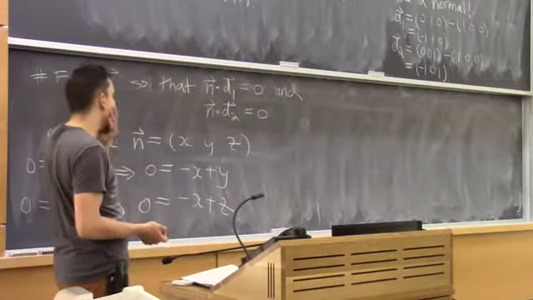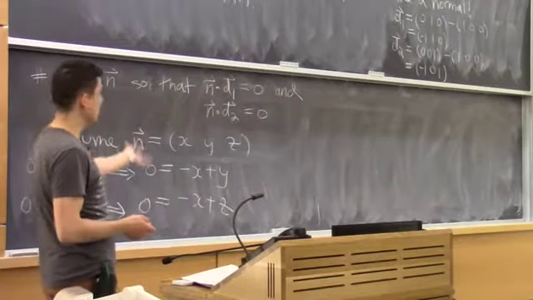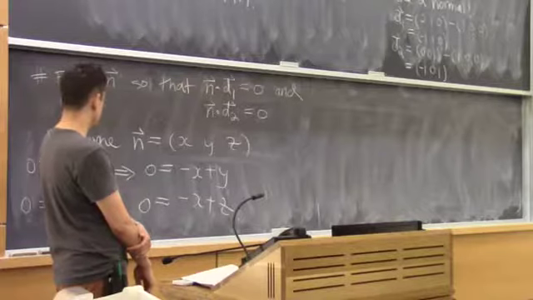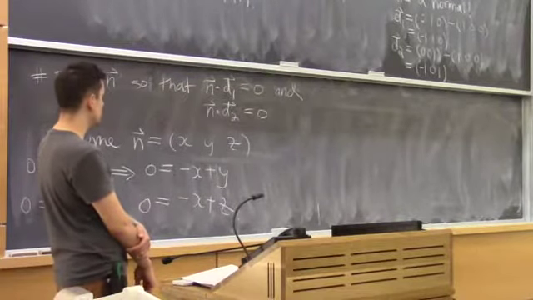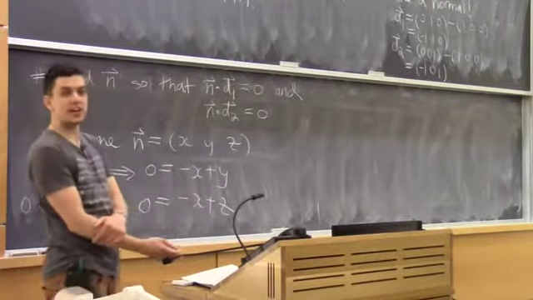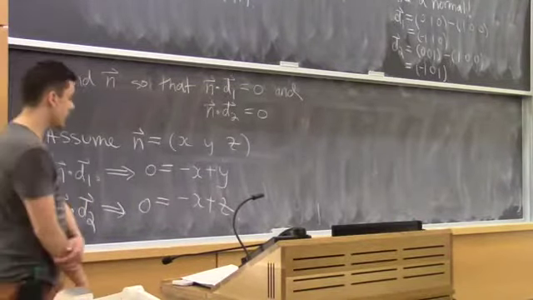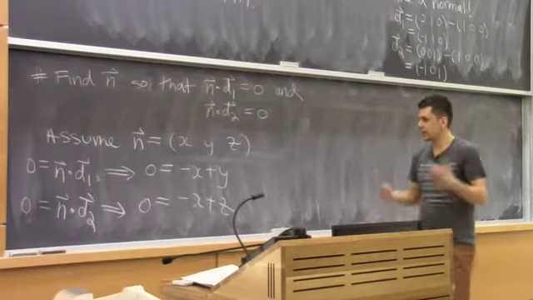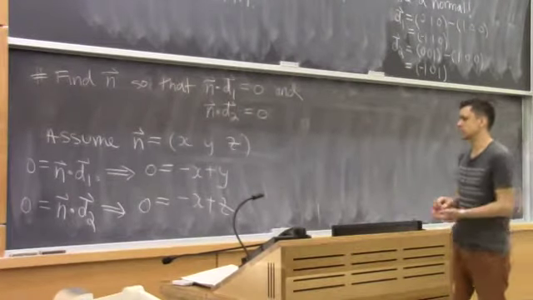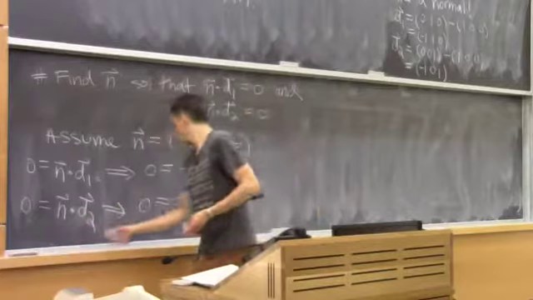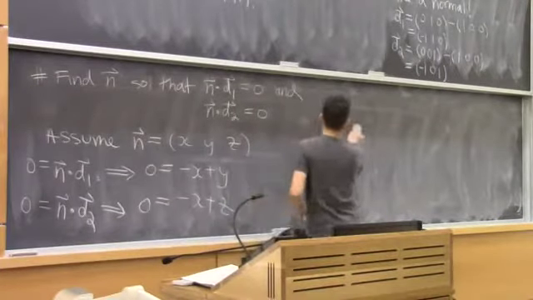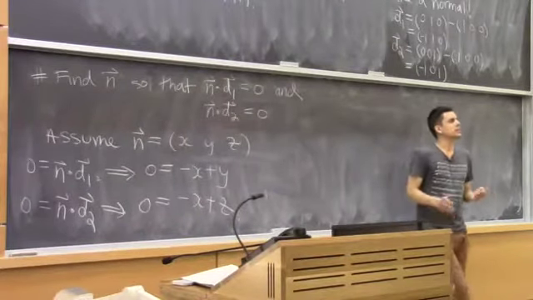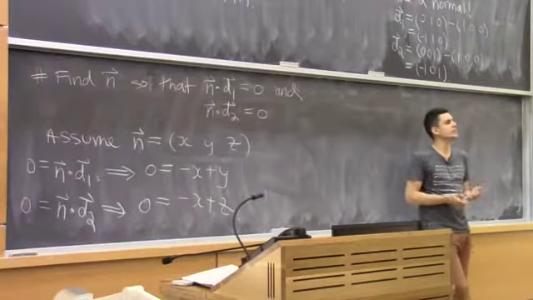Okay, so now we know some stuff about our vectors, right? We know some facts about x, y, and z. So what we have to do is pick x, y, and z that make this a normal vector. Okay. So how should we pick them? How should we pick x, y, and z?